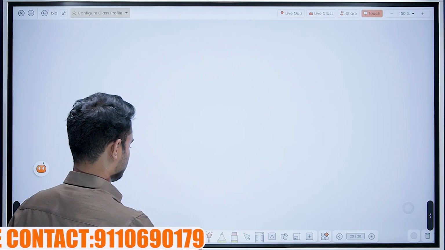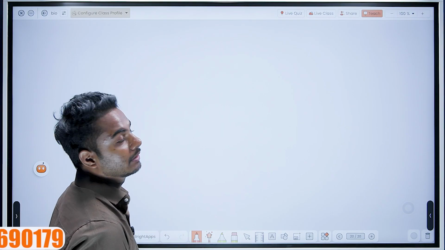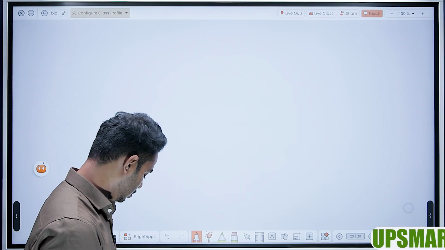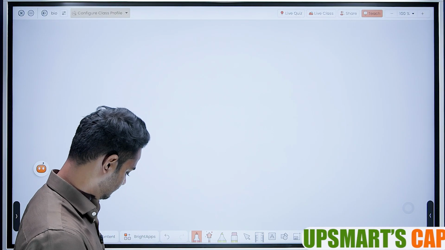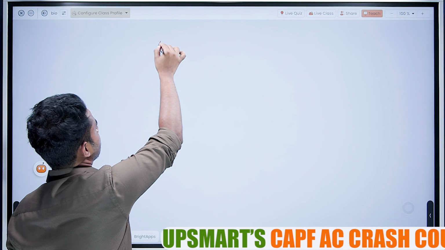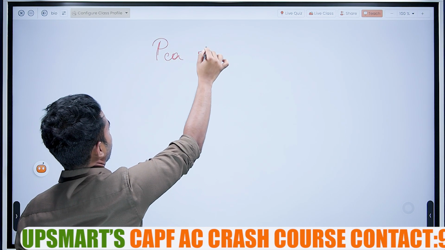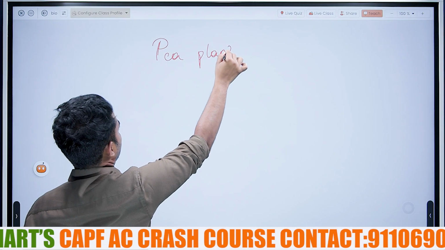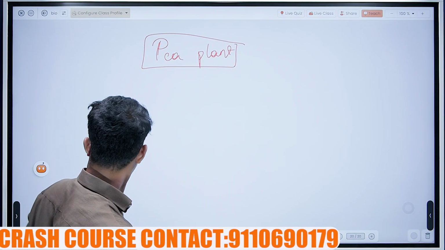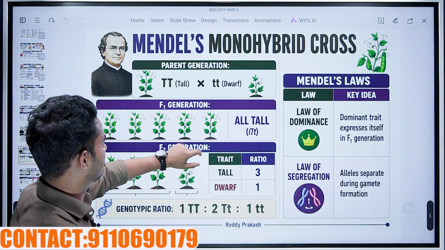See now. I told you Gregor Mendel picked a pea plant for his observation of heredity and evolution. So how did he pick them? I'll show you the image so that you don't feel confused.